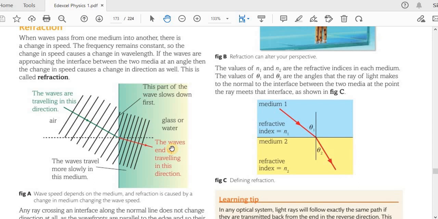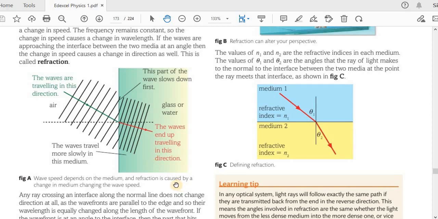If it goes from a denser medium to a less dense, or rarer medium, then the speed will increase, right? So it will bend away from the normal. Here you can see medium 1 is less dense than medium 2, so the ray bends towards the normal.